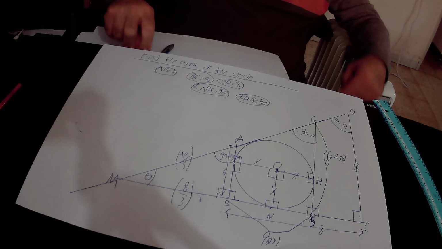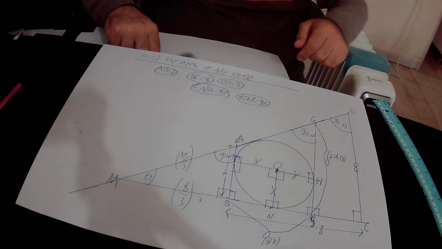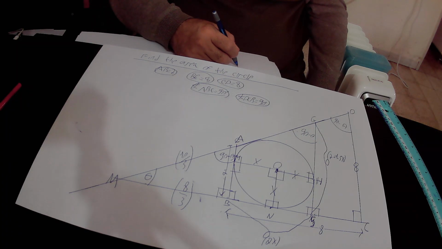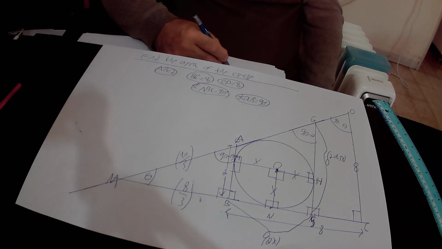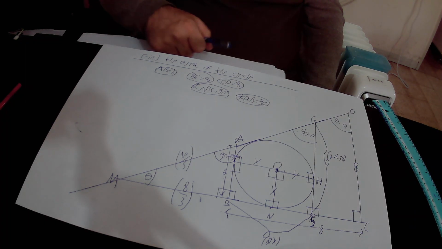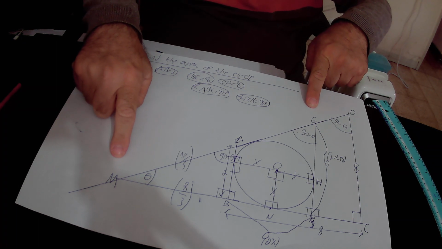I've already explained to you that MS equals 8 over 3 plus 2x. MB is 8 over 3, and it is equal to GM over AM. What is the length of the hypotenuse GM?